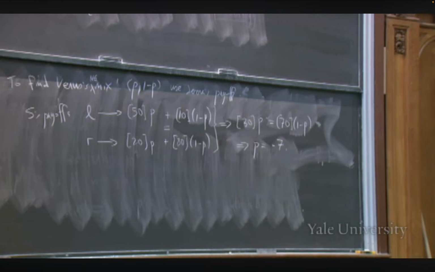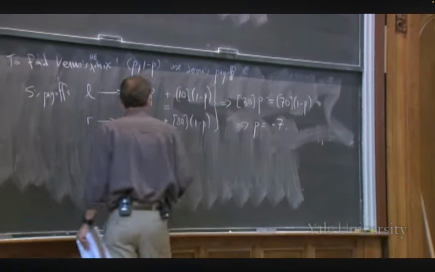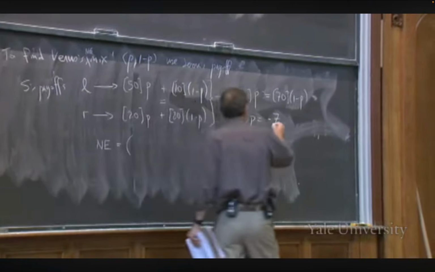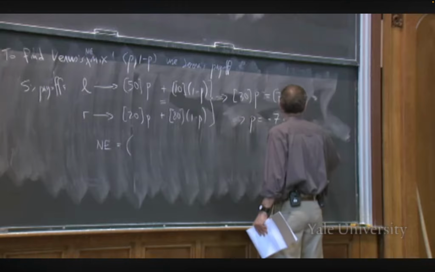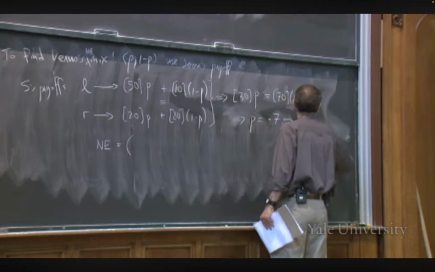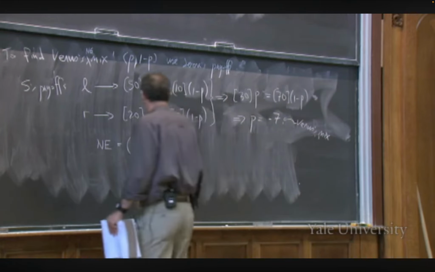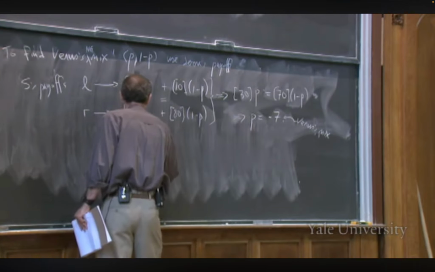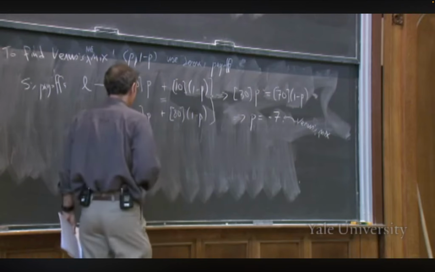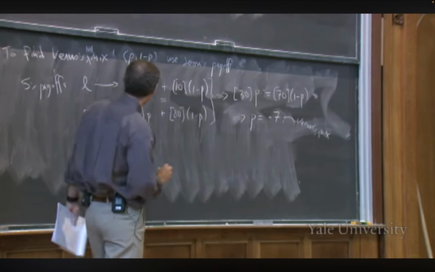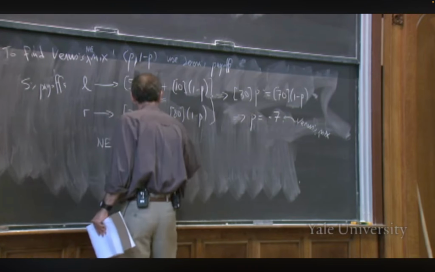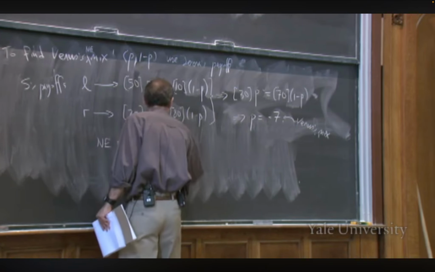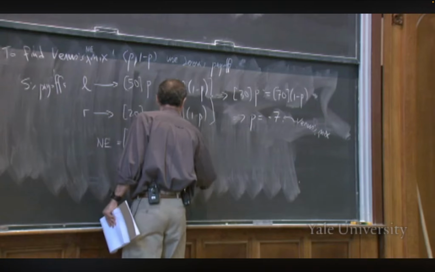Here it is. The Nash equilibrium is as follows. Let's be careful. This is Venus's mix. So Venus is mixing 0.7 on left and 0.3 on right. And Serena is mixing 0.6, 0.4.